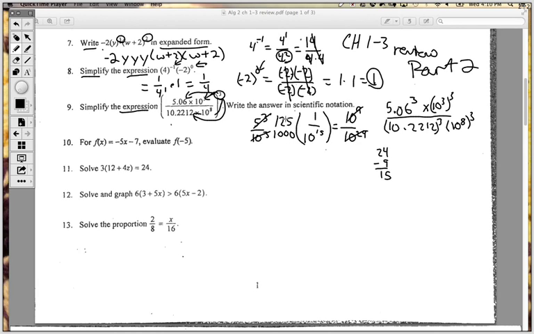And 125 over 1,000 is really 0.125. Then we got this times 10 to the 15th. So I'm guessing that's about what we're going to come up with. It's pretty close there. Not exact, but pretty close.